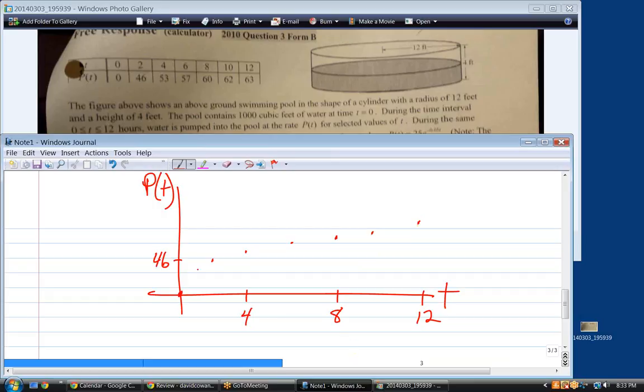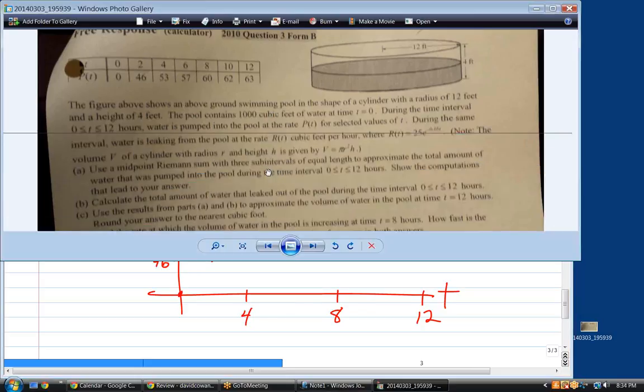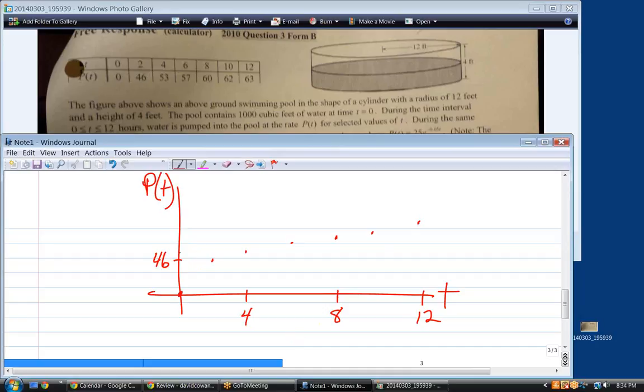So if we want to use Riemann trapezoids, no, use the midpoint Riemann sum. So we're going to use rectangles, and we're going to use rectangles that go through the midpoint.